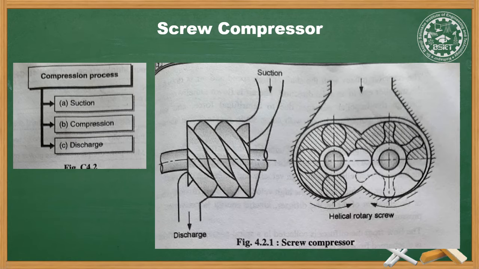At a point determined by the built-in volume ratio, the discharge port is uncovered and the compressed air is discharged by further meshing of the lobe and interlobe space.